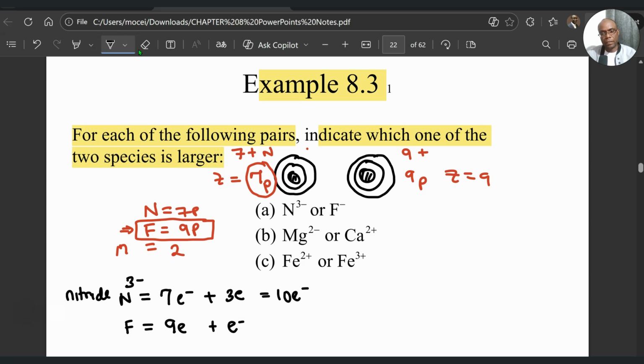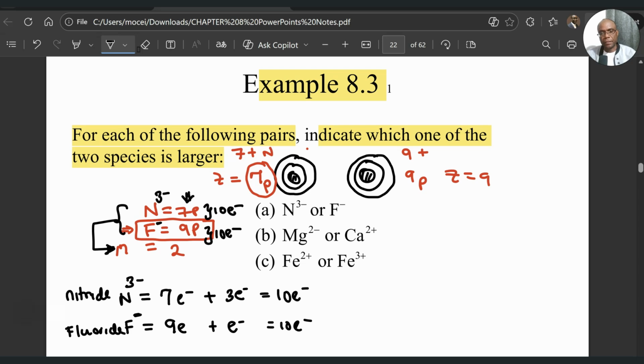It gains 1 more electron to give you 10 electrons, the fluoride. Now let's come up here. You have the nitride carrying 7 protons and now 10 electrons. You have the fluoride, F-, carrying 9 protons and still having 10 electrons outside. And both of these have 2 energy shells.